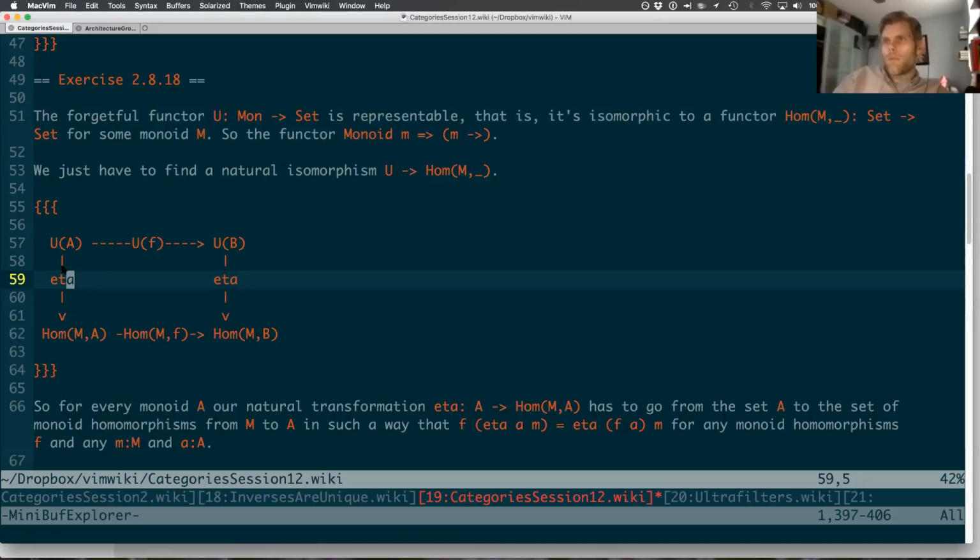So we have to find some eta that goes from the underlying set of A into monoid homomorphisms from M to A, such that if we have some other monoid homomorphism F and we compose it, we get to the same place, right?